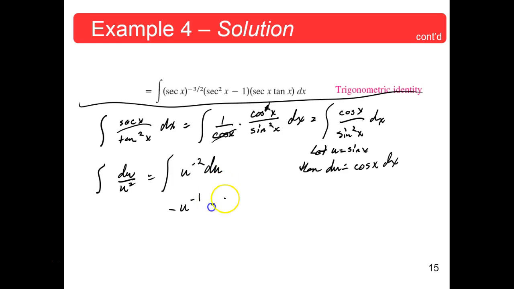That's right. Which would be negative 1 over u. Right? And what's u? Negative 1 over sine x, which is negative cosecant x. Now, other thing, plus C. Okay, don't forget your plus C. Could it be? Oh, yes it is.